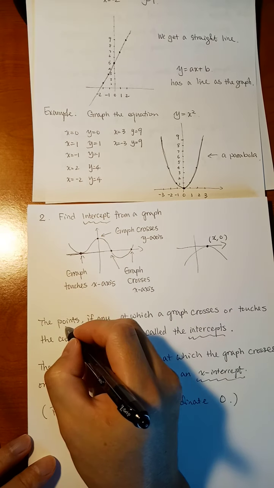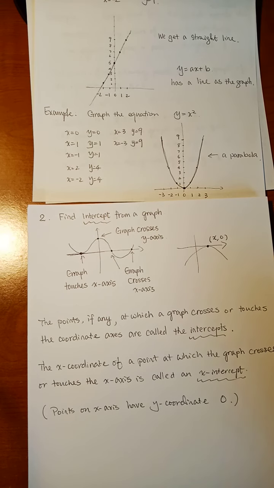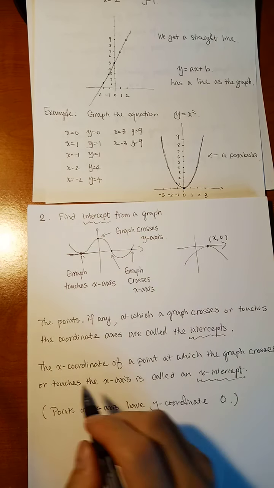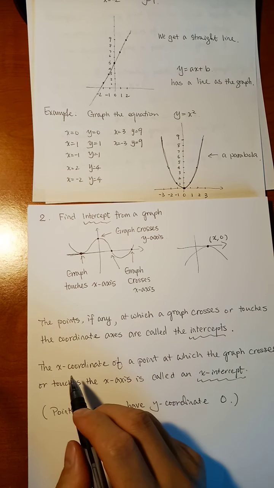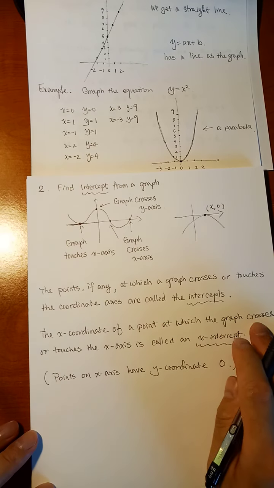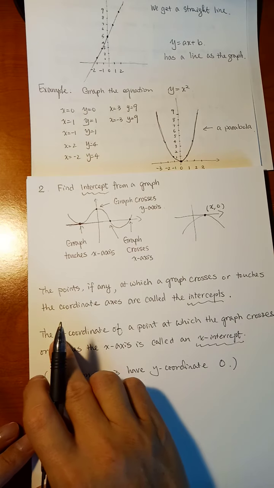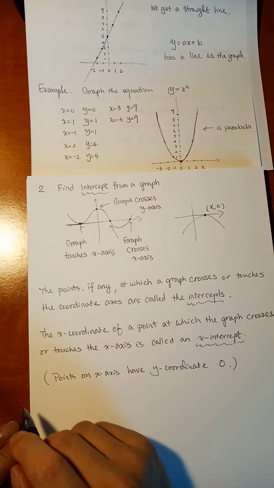Intercept is a point. Point has x, y coordinate. Okay? So if it crosses or touches the x-axis, the corresponding x coordinate is called x-intercept. If it touches or crosses the y-axis, then the corresponding y coordinate is called y-intercept.